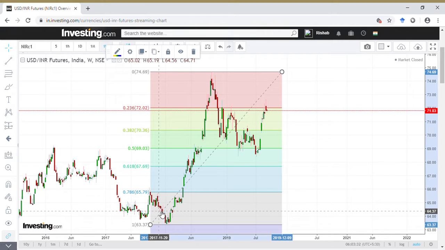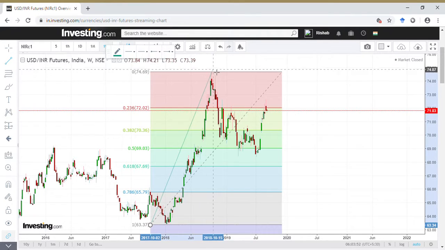The idea of Fibonacci is that for every positive move, there will be a negative move. Every positive reaction will not have an equal and opposite reaction, but it will have a certain degree of opposite reaction as per the Fibonacci. This is the positive reaction we have seen.